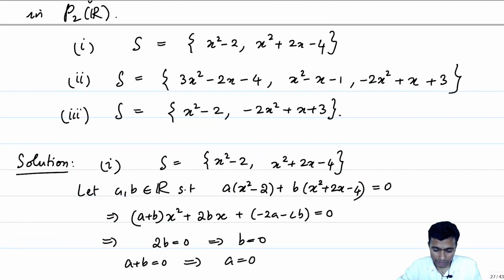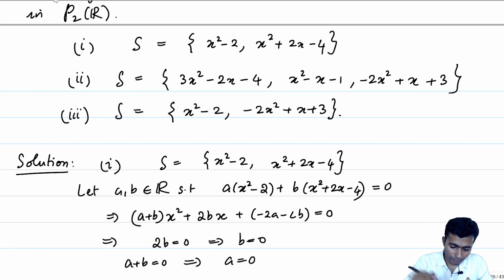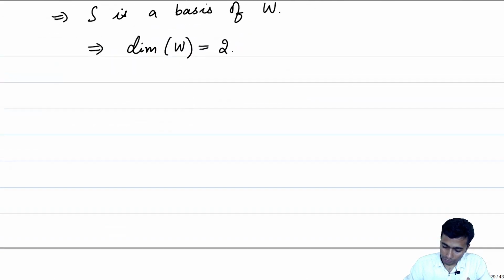Because if you look at S, which I have just underlined in green, it is a subset of W. So notice that S has 3 elements from W, and we know that the dimension of W is equal to 2, and therefore any subset of W which has more than 2 elements should necessarily be linearly dependent, right?